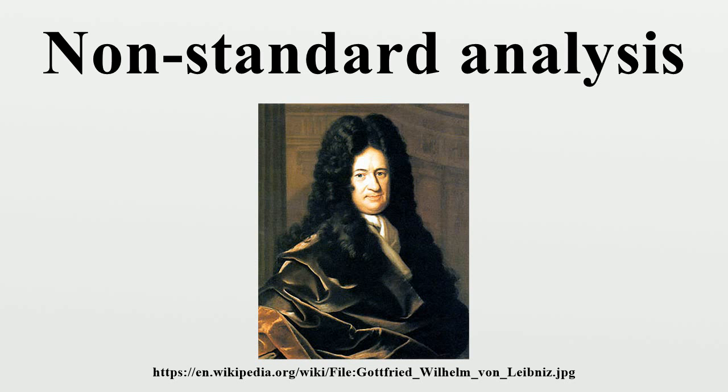Thus, Robinson challenges the idea that Augustin-Louis Cauchy's sum theorem in Cours d'analyse concerning the convergence of a series of continuous functions was incorrect, and proposes an infinitesimal-based interpretation of its hypothesis that results in a correct theorem.